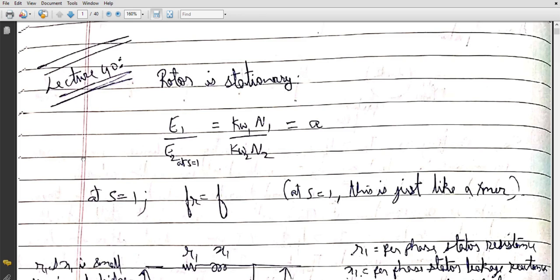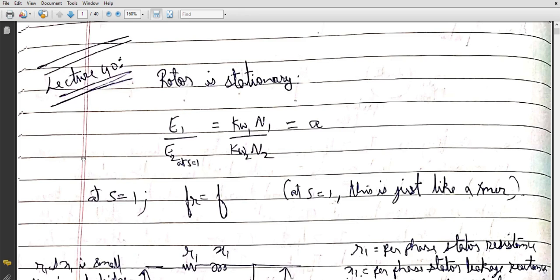The equivalent circuit of a transformer is very similar to that of an induction machine. See, in a transformer there are basically two windings, a primary winding and a secondary winding, and there is a core connecting them. That core is made of magnetic material having high permeability.